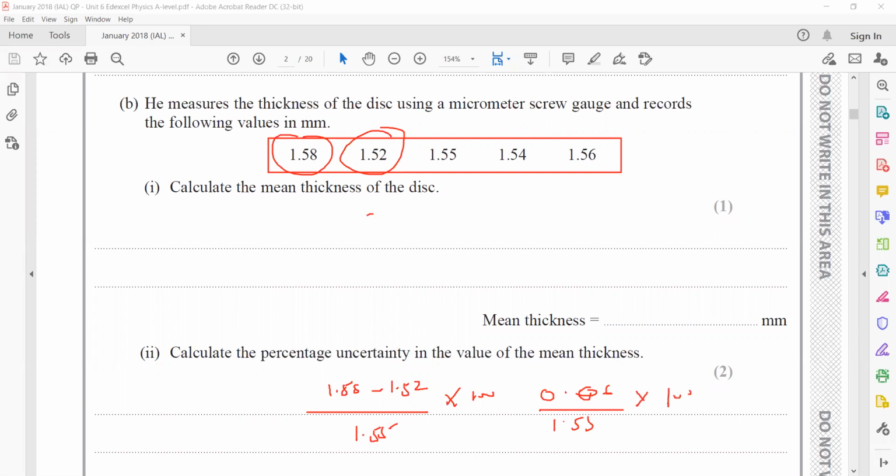So this will give 3.87%. That's a full range. But if you need a half range, like plus or minus, then it should be maximum minus minimum divided by 2 and then divided by the mean into 100.